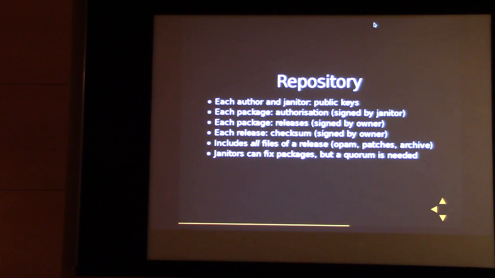Each release itself will contain a checksum file, which is a digest over all files of the release. And all files means the OPAM file itself, which includes the build instructions, all the patches which are part of that, and the archive files. That checksum file is then also signed by the owner of the package.